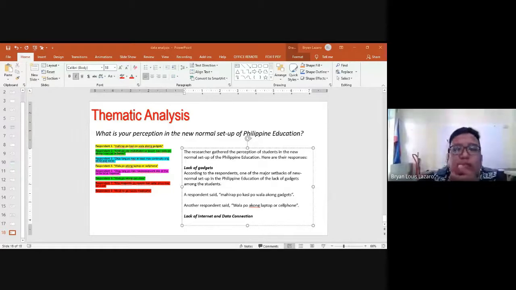Nandito na siya kahapon pa. Sabi ko, by Thursday, nandito tayo lahat. Eh, hindi naman nakasama yung disciplinary mo. Yung disciplinary mo ang kasalanan. Ayan. Diba? Makakita ako.